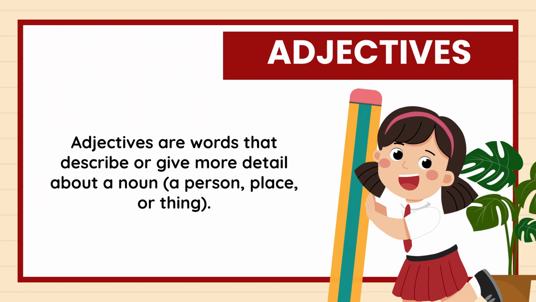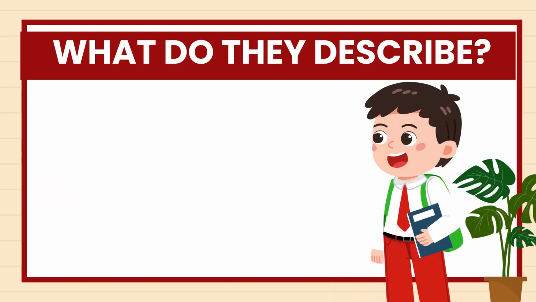Adjectives describe nouns. Good job, grade 2. Now, let's look at some things adjectives can describe. We can describe color, size, shape, feeling, sound, and taste. Let's go through each one.